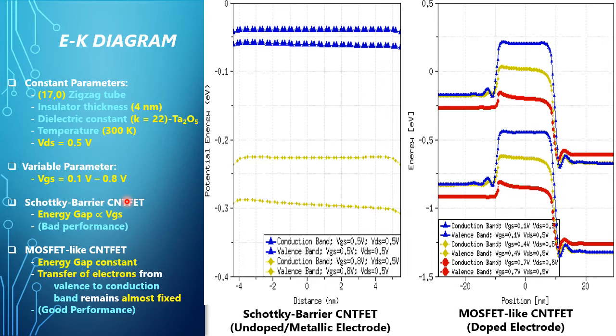So the transfer of electrons from valence to conduction band remains almost fixed. So under changing the parameters, the electron conduction is fixed. So that's a good thing for the MOSFET-like CNTFET. So we should choose the MOSFET-like CNTFET. The same results will be shown in the following slides.